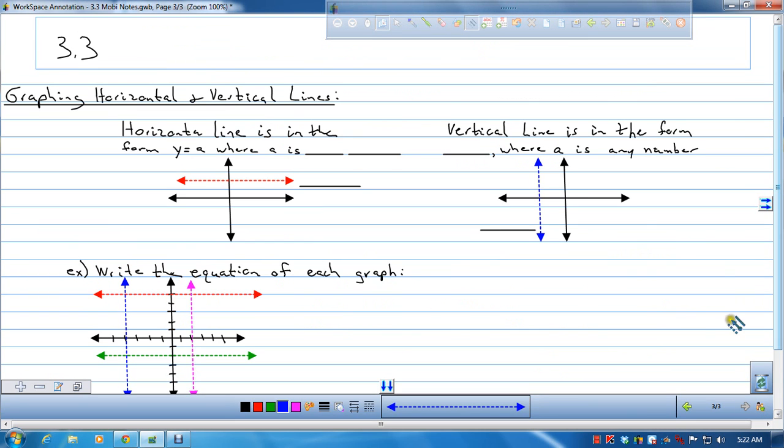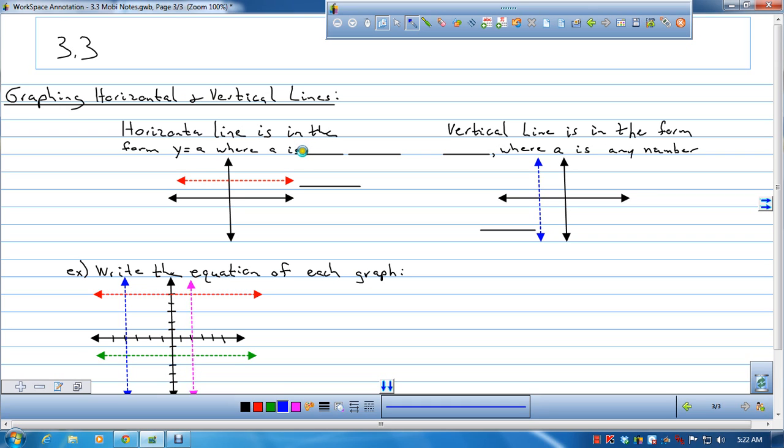Okay. Moving on, a couple special cases that I told you we would come back to. Graphing horizontal and vertical lines. Let's start looking here. A horizontal line will be in the form y equals a, where a is any number.